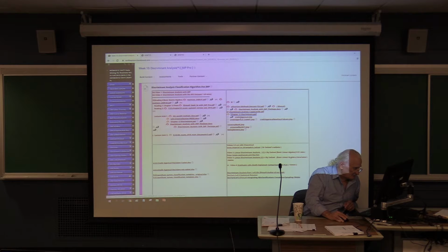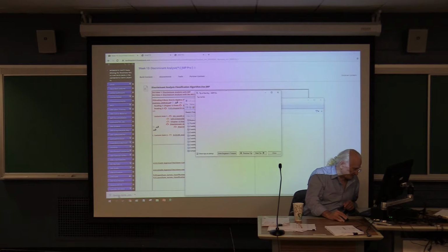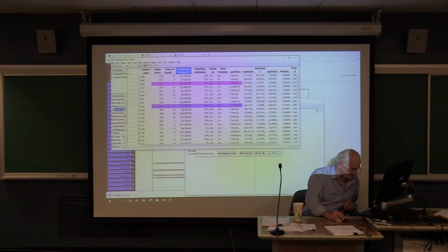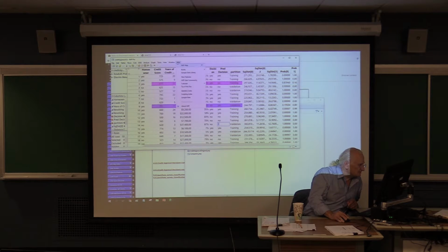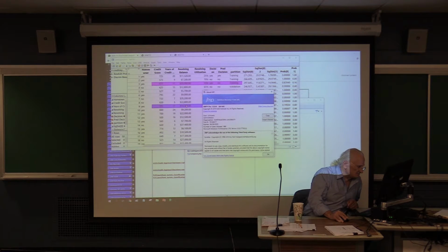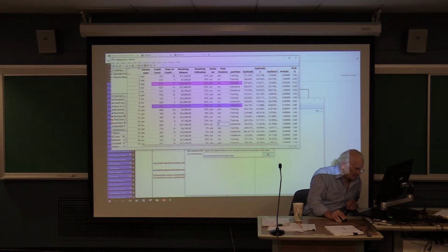This credit approval table. Let's see. I told them to fix 14.2. Let's see if they did it. What version is this? Okay.